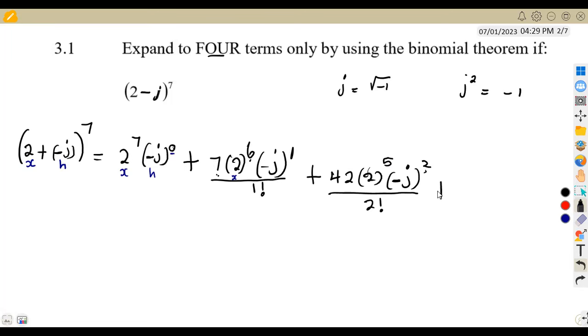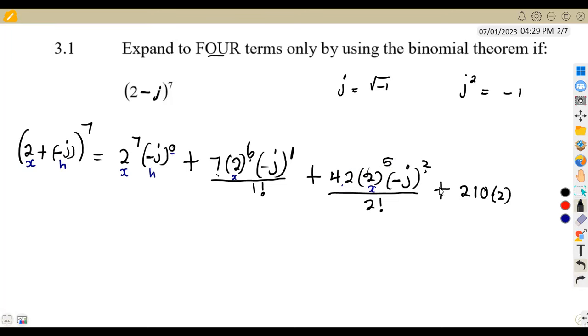So we need the last term plus. As long as this represents x, drop the exponent, subtract 1. So we are going to drop our exponent, which is 5 times 42. So 5 times 42 is going to give us 210 times. So this part of x, we subtract 1.